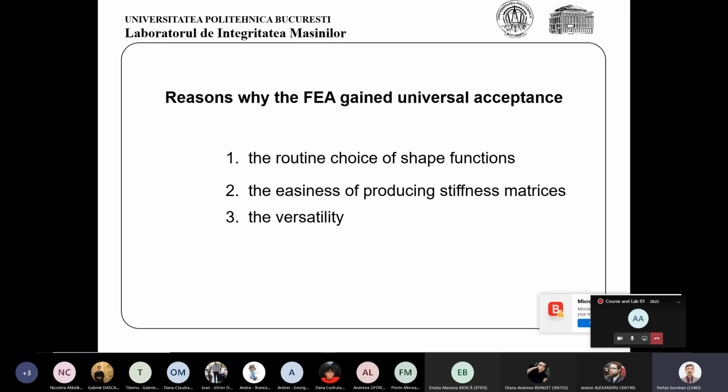I can explain for a single degree of freedom. Let's imagine that we have a spring. The equilibrium for a spring when we have a force is K times X. X means displacement. So K is the stiffness.